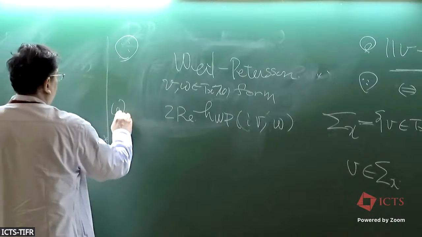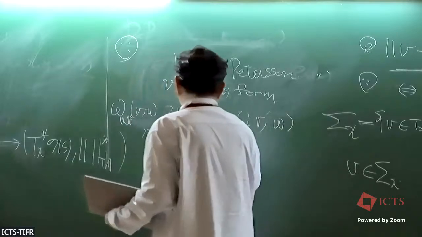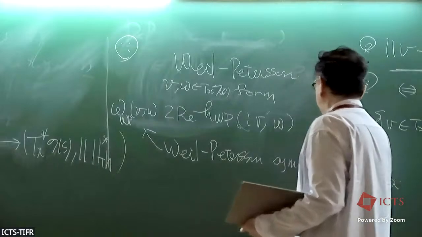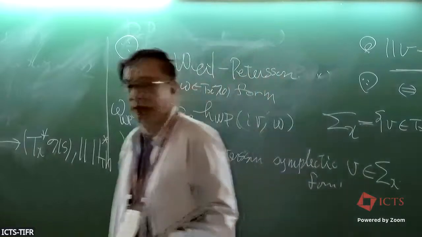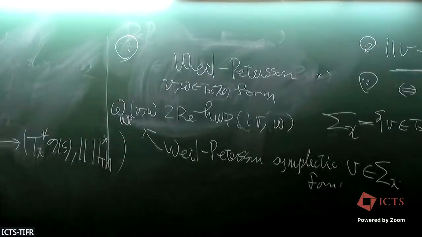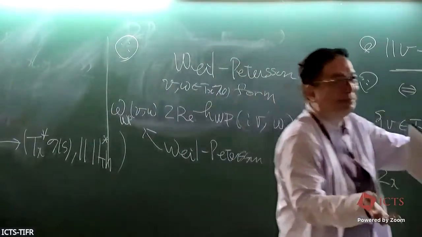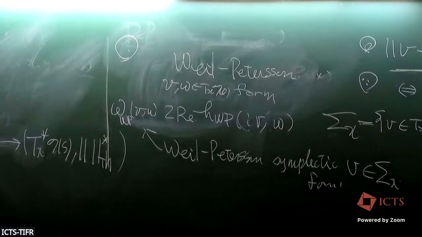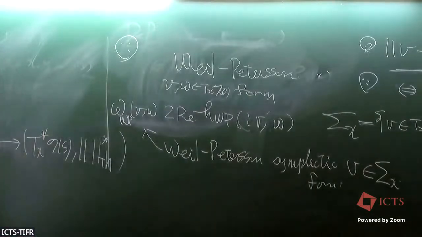This should be what is called the Weil-Petersson symplectic form. The Weil-Petersson Riemannian metric was obtained as a real part of this Hermitian form, and the imaginary part of the same form is called the Weil-Petersson symplectic form.